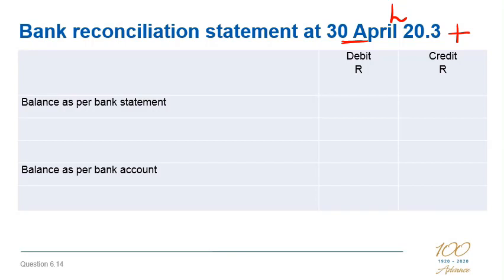So we always start this report, because it's a bank reconciliation statement, so it's a report that we're writing to the bank. We start with the balance as per the statement of the bank. So we are telling them, according to your records, your system of keeping record of our cash transactions, you say that we had either a positive or a negative balance.